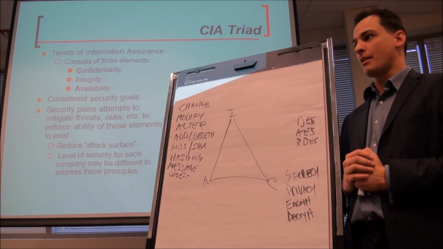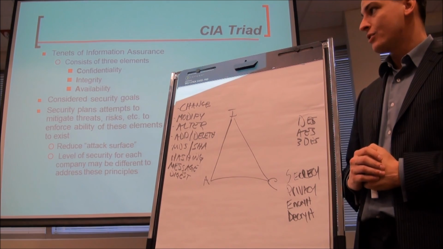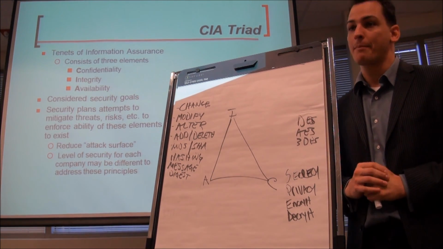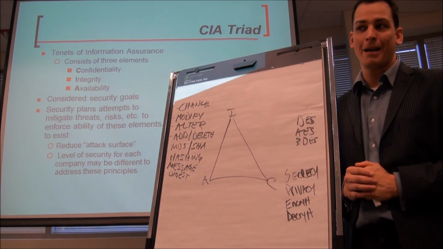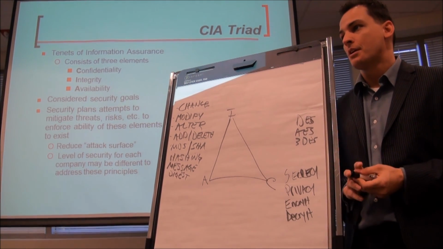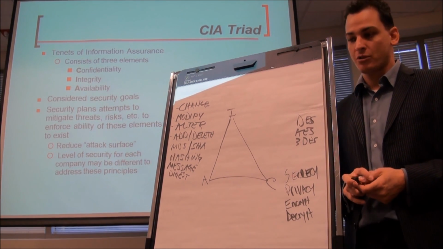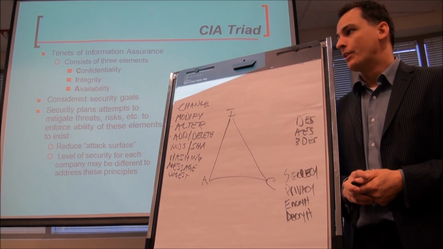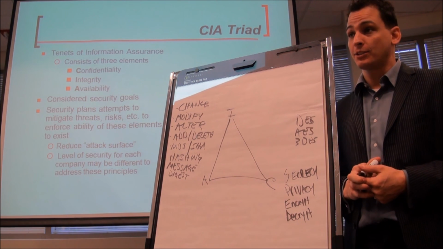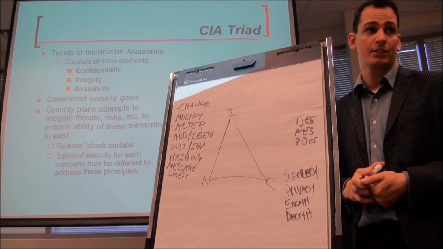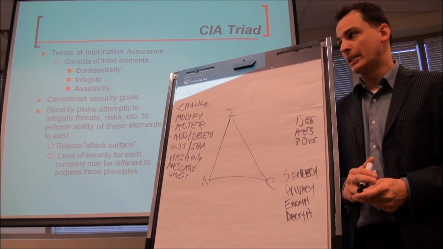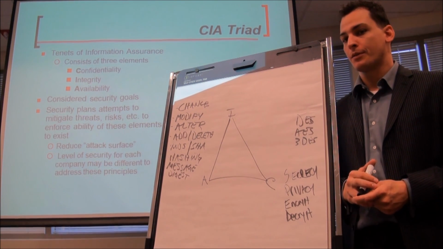If the question's asking about confidentiality, you better pick a confidentiality-based answer. So you can use this as a roadmap. I use it as a roadmap to eliminate wrong answers. My strategy is not to identify the correct answers, but to identify the wrong answers, therefore leaving myself with the correct answer. And that tends to be a more powerful strategy, especially on this material.